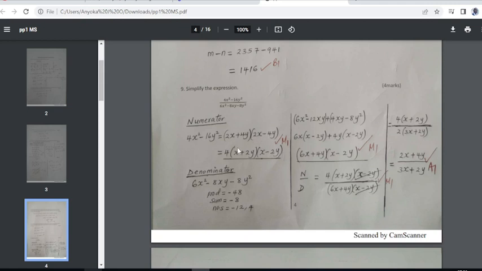And in this case, I see 2 is common. So if we factor out 2, not 4, 2. We take out 2, so we remain with x plus 2y.